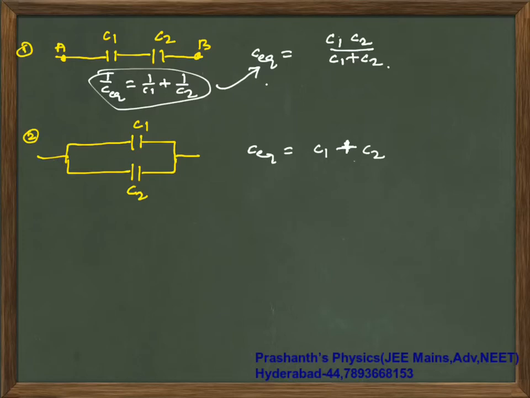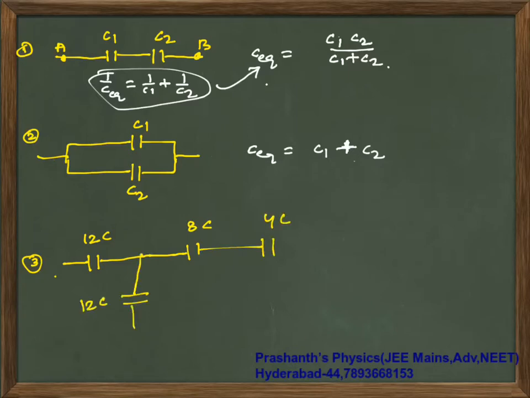Now similarly, if you have a group of capacitors, some big capacitors, for example a 12C here, then 8C, 4C, then followed by 12C, followed by 16C, and then let us say this is connected to some other 2C, and it is connected like this.